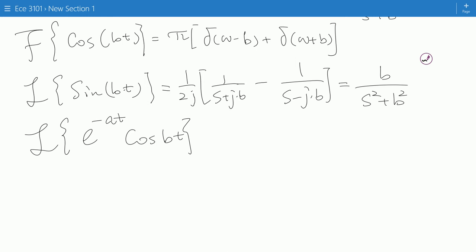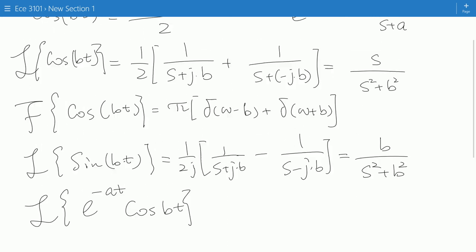The Fourier transform is relatively simple to find out, but here it's not that easy. But we can still do it.